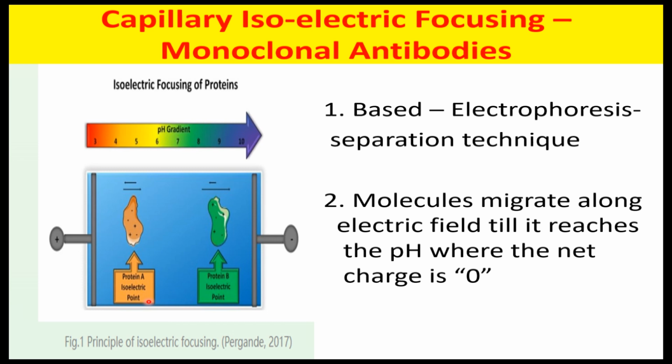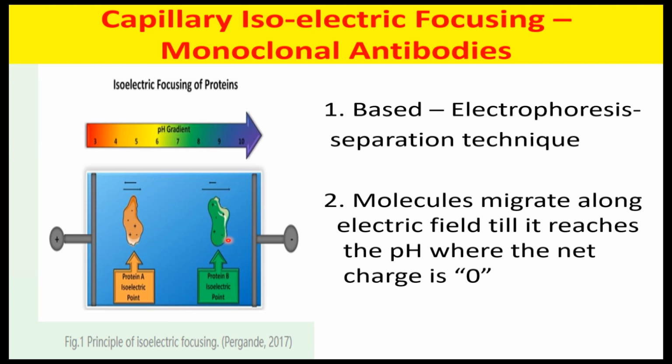That means this is the isoelectric point of protein A. Another, the green one, as you can see beside protein A, is protein B, which also travels in the same way in another lane, and its isoelectric point is near about 8.5. So at pH 8.5, its charge becomes zero, and then it stops here.